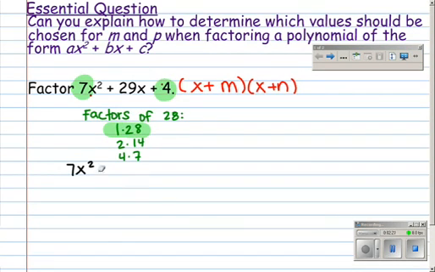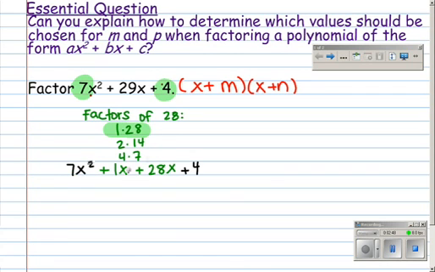So we're going to write 7x squared plus 1x plus 28x, and then plus 4. So what I did was I found the factors of 28, which added up to 29, happens to be 1 and 28, and I used those two terms in place of that 29x.